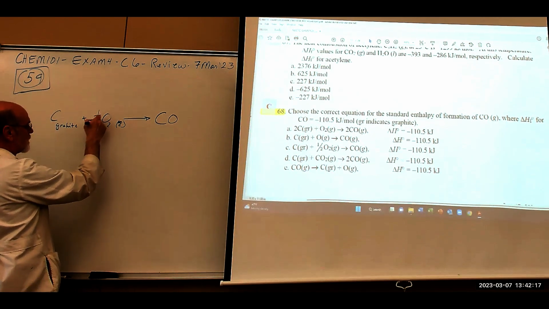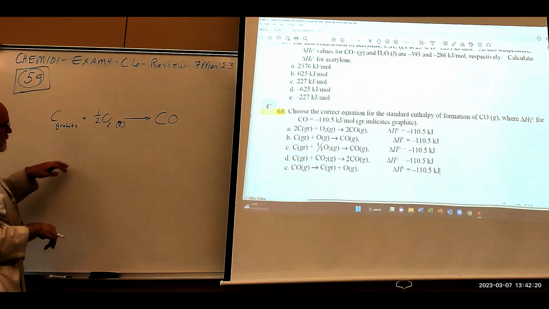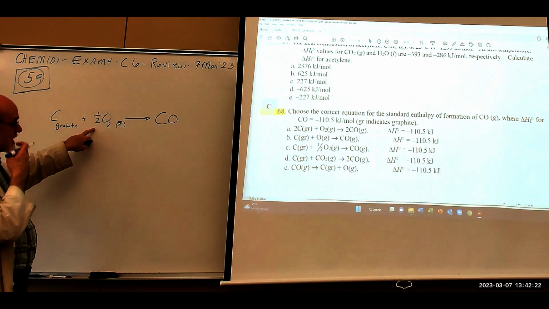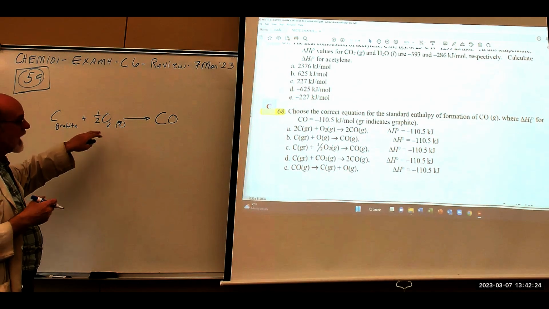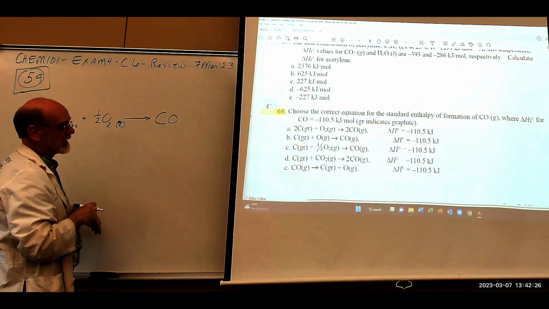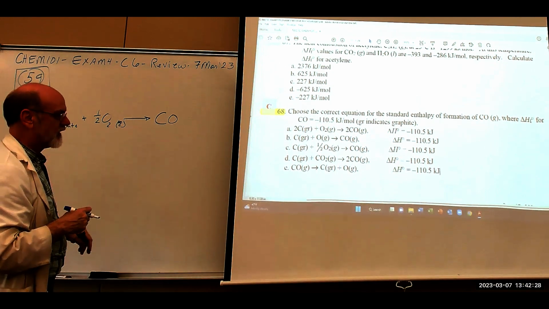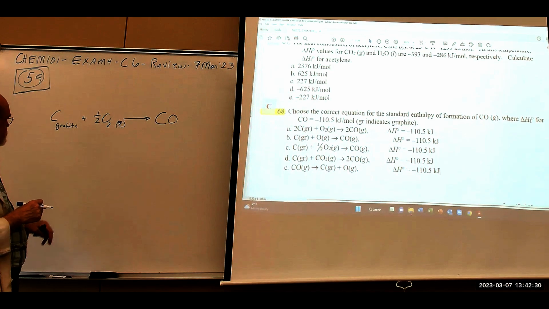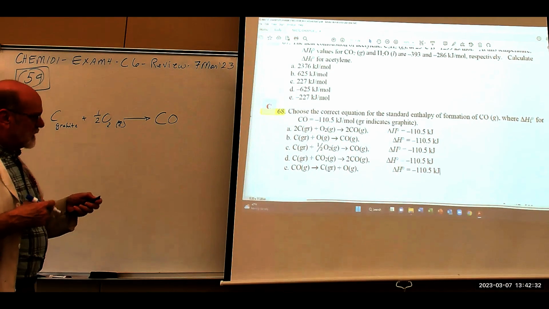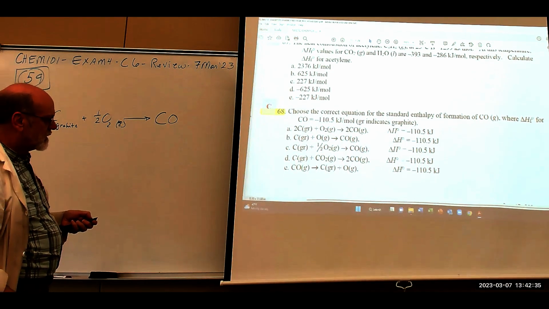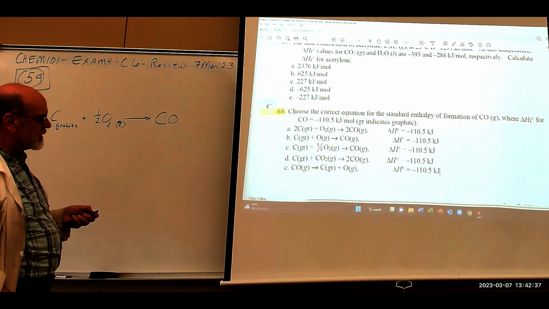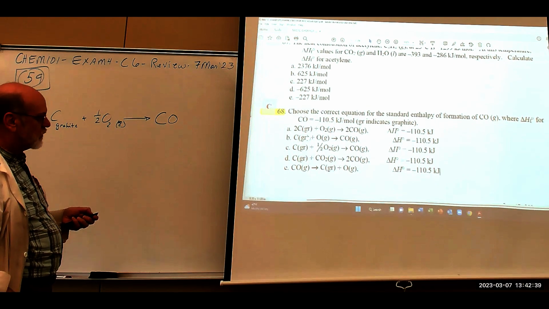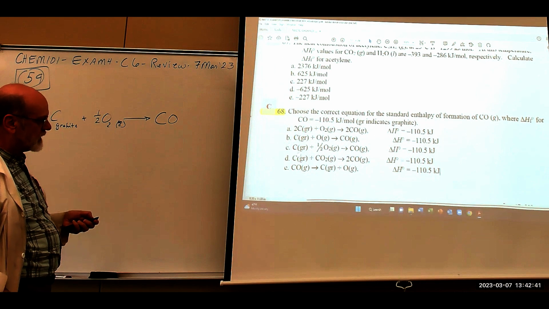Okay. Now, then you use coefficients here, fractions are okay to get 1 mole here. So that means we need a half here, 1 there. So this is going to be, and the delta H is a negative 110.5. Right, so it could be D, C, B, or E because these are all graphite, but we only need 1 of them, so it's only 1 of these.